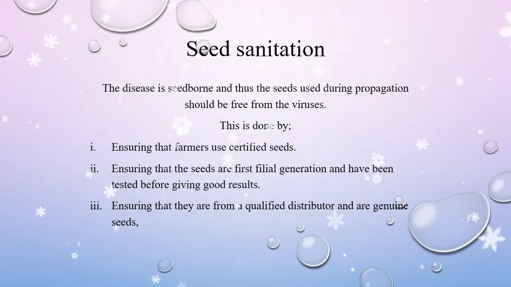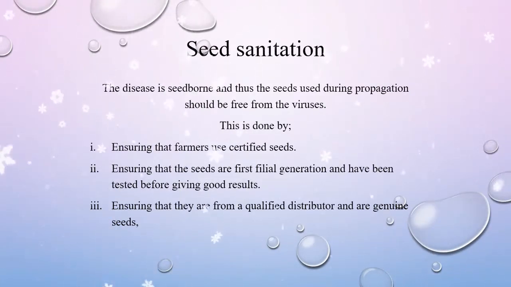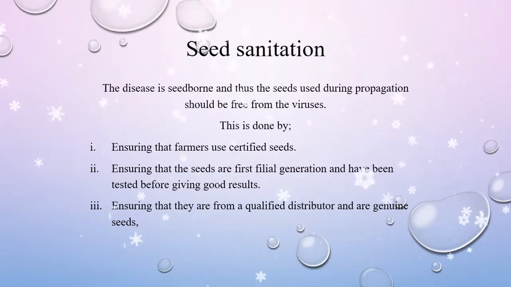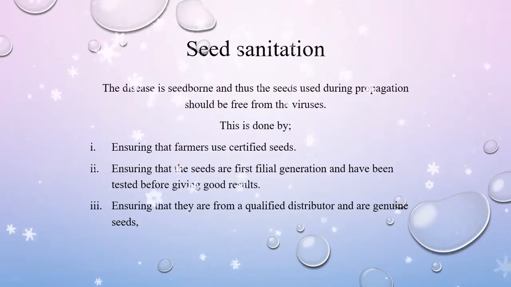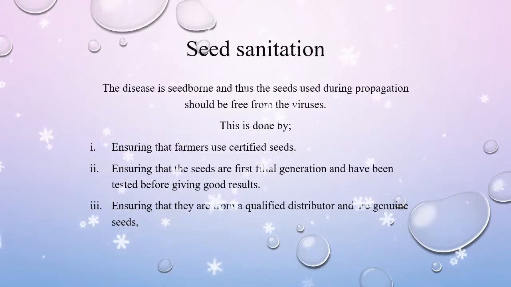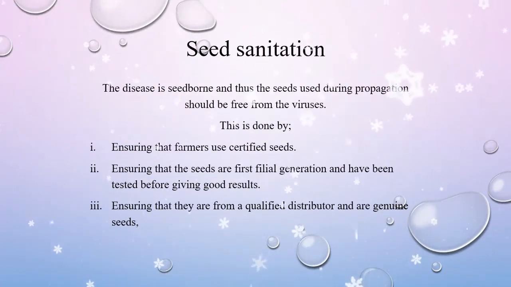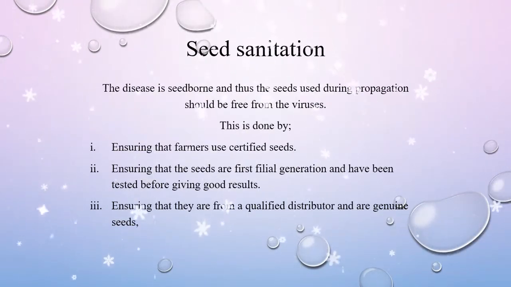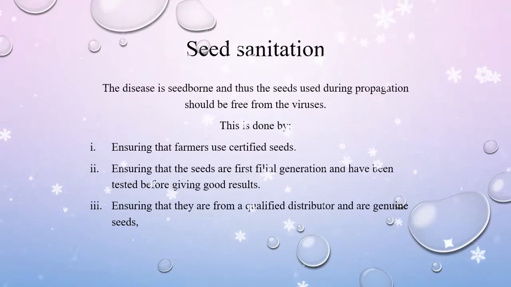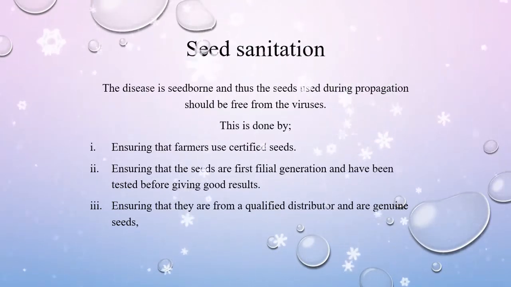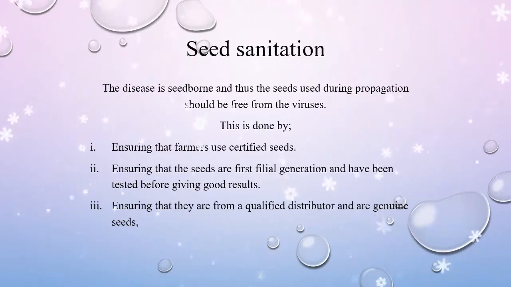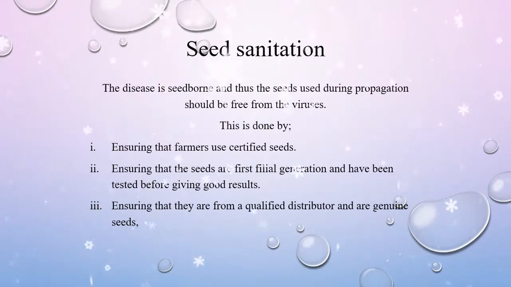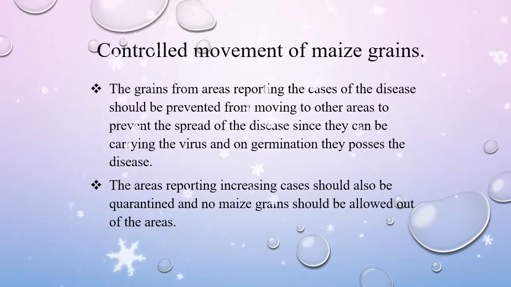To make them free, this is done in the following ways. Number one, ensuring that farmers use certified seeds. Number two, ensuring that the seeds are first filial generation and have been tested before, giving good results, so that you have a concentrated hybrid vigor. Number three, ensuring that they are from a qualified distributor and are genuine seeds.